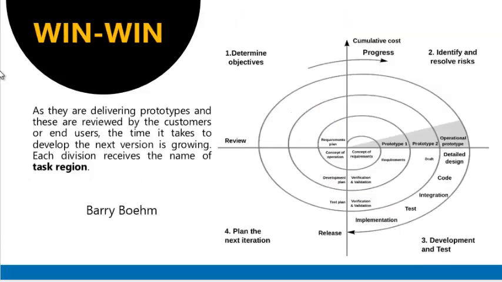Win-win or spiral model. Here prototypes are delivered and reviewed by the customer or end user. The time it takes to develop the next version is growing. Each division receives the name of task region.